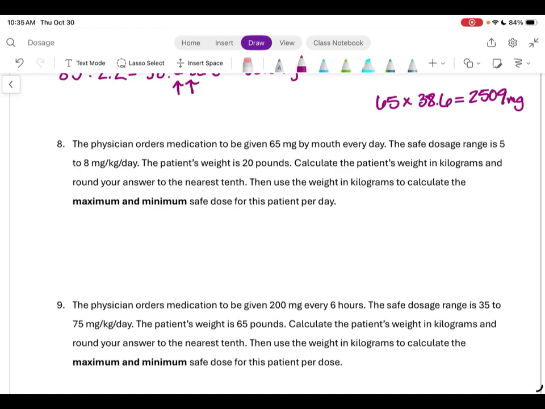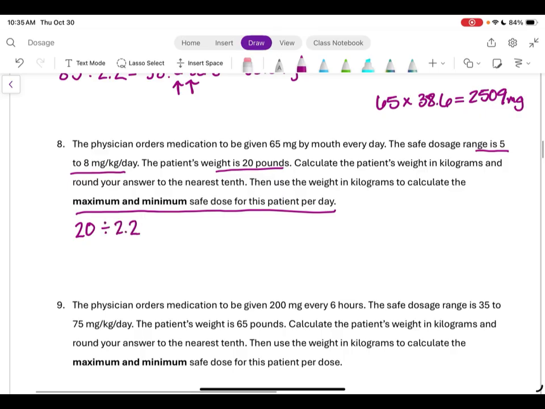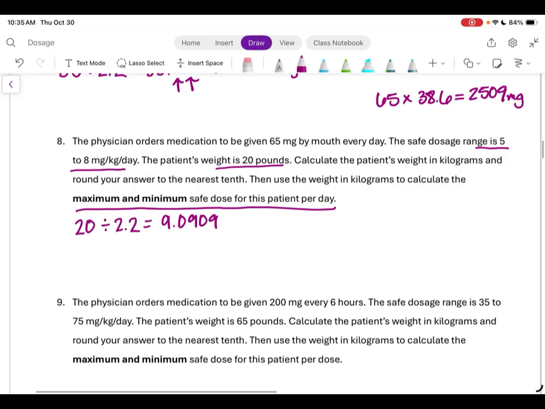All right, so without reading the whole thing, I already know what I need. I need my weight, and then I have to make sure I'm reading what it's actually asking. So we're still doing maximum and minimum safe dose per day. So 20 pounds, I'm going to divide by 2.2 and get 9.0909, it keeps going. So here's my tenth place. The number next to it is a 5 or above, so this will be 9.1 kilograms.